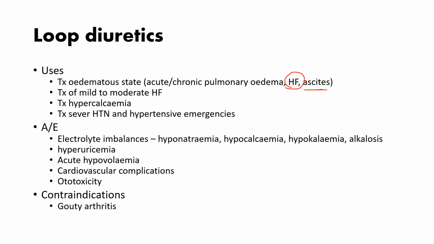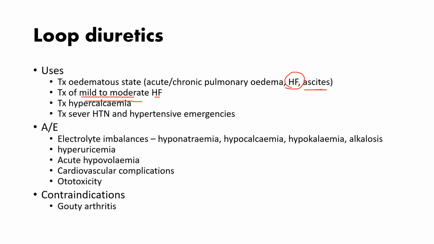So treatment of mild to moderate heart failure, very specific, mild to moderate heart failure. It's also used in the treatment of hypercalcemia. So hypercalcemia is an increase in calcium concentration in our blood, because as we've discussed from the previous slide, loop diuretics can increase the excretion of calcium.